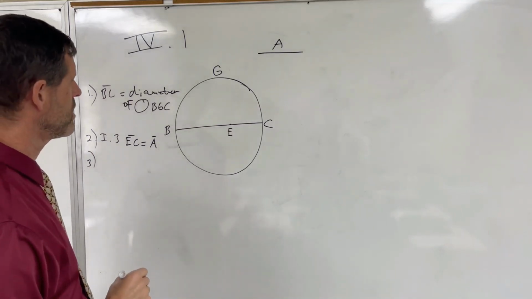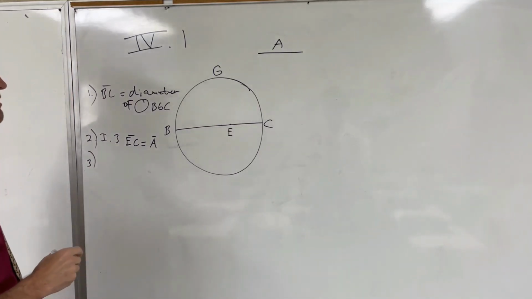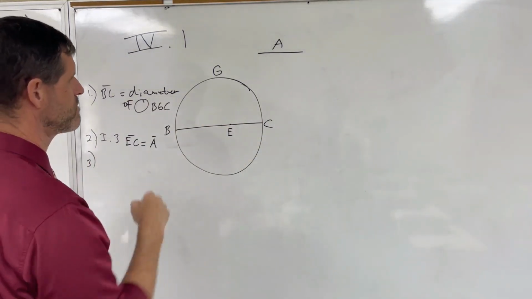And then using one of our postulates from Book 1, postulate 3, we can create a circle of any size.